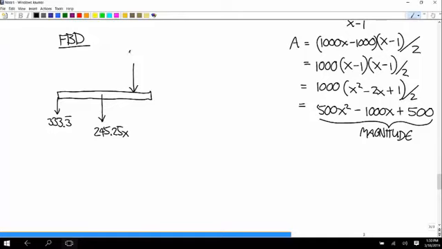And it has a magnitude of 500x squared minus 1000x plus 500. And let's come up with a distance here. So we know that this distance is 1/3 of the quantity x minus 1.